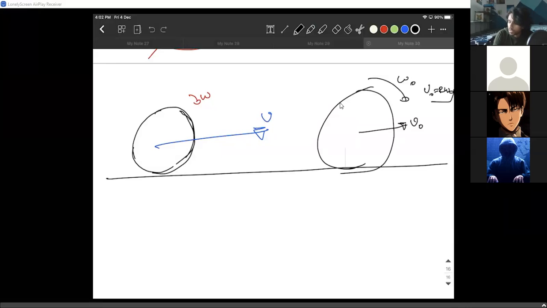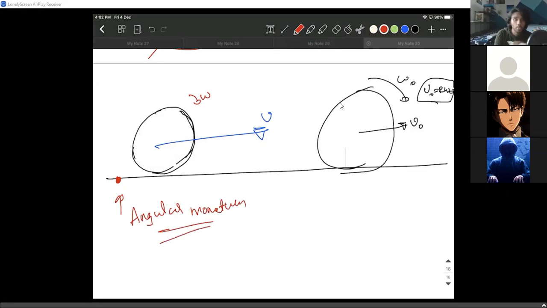Now, I mentioned that you cannot conserve the energy because there is a lot of slipping. But I explained two days ago that about these points, you can conserve the angular momentum. There is a reason why.